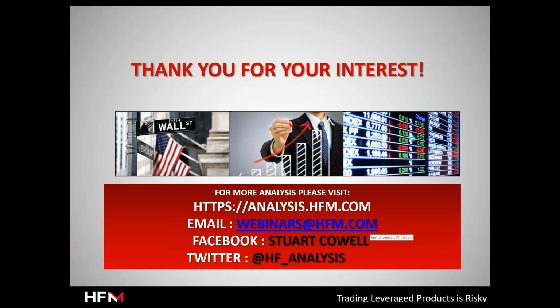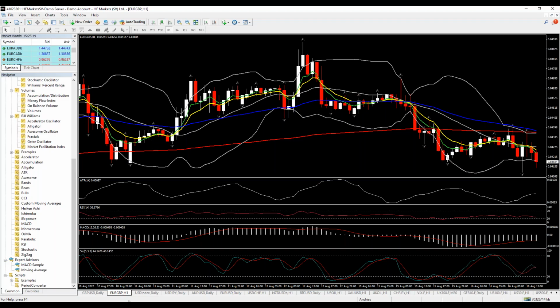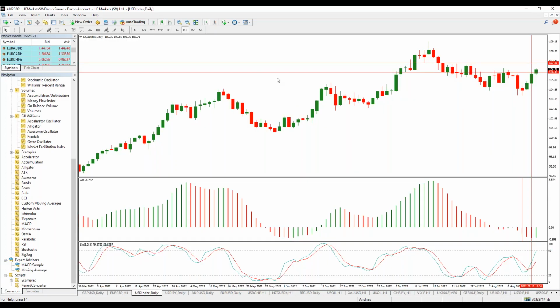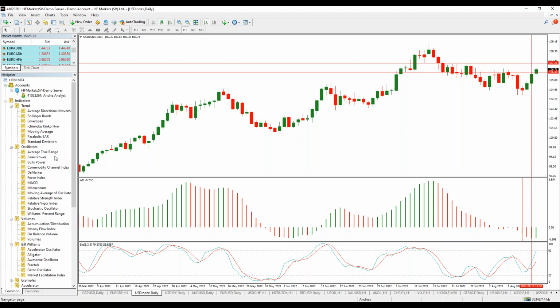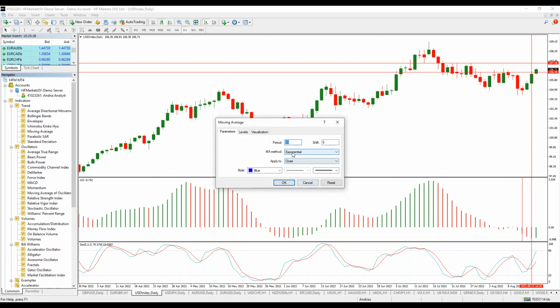What did I do wrong? Yes, it can be used in combination with an exponential moving average as well. If your chart suggests that it works better with an exponential moving average, yes, feel free to use it. So let's see.